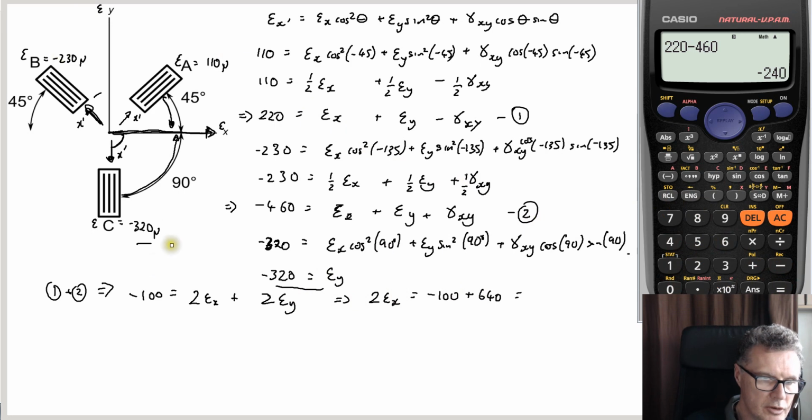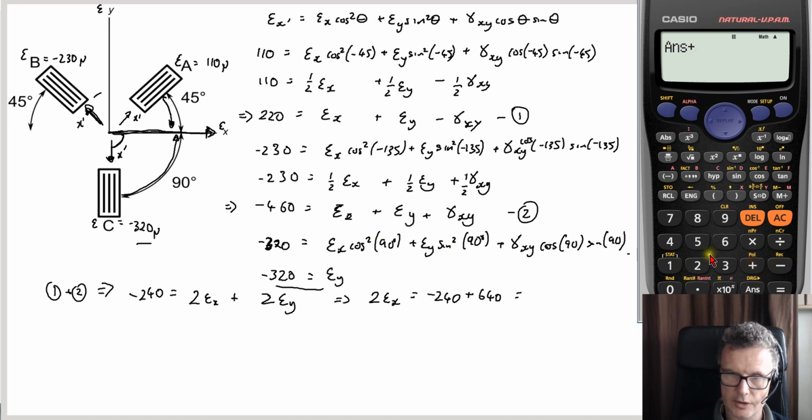I need my afternoon nap. Minus 240. Minus 240 plus 640 is 400.